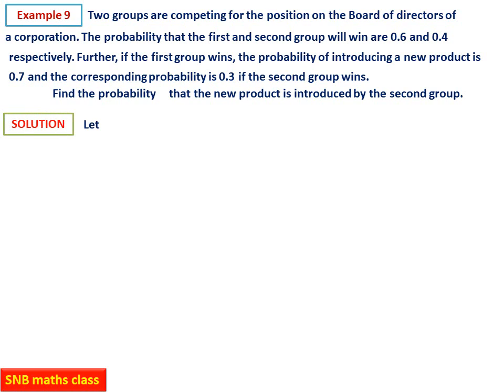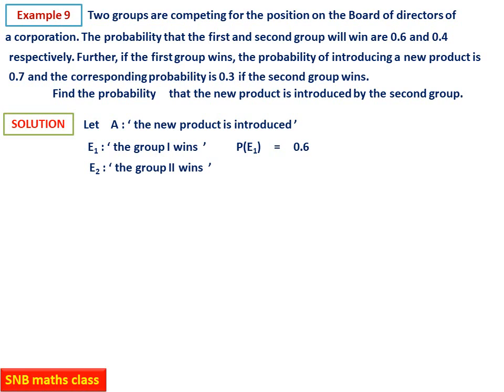So let us list the events. Let A be the event the new product is introduced. Now E1 is the group 1 wins, then probability E1 is given, so it is 0.6, and E2, the group 2 wins, probability E2 is also given, it is 0.4. Then probability A given E1 is also given, that is 0.7. Then probability A given E2 is also given, that is 0.3.